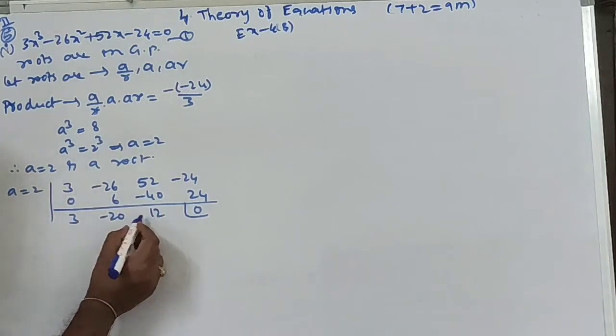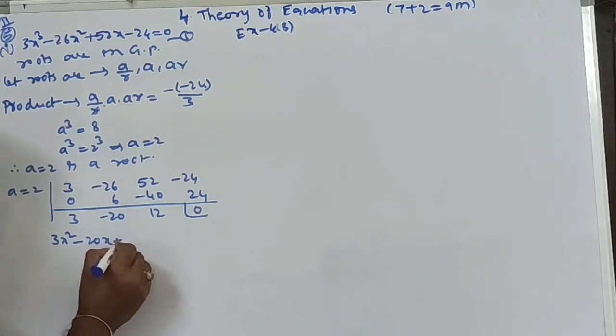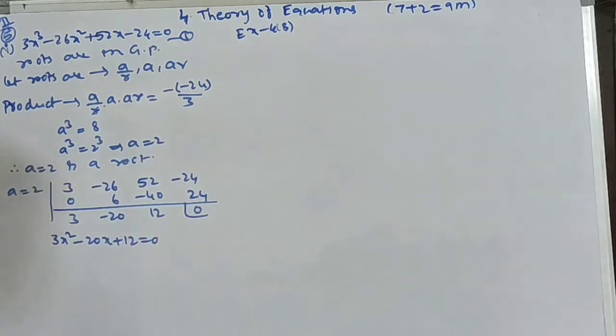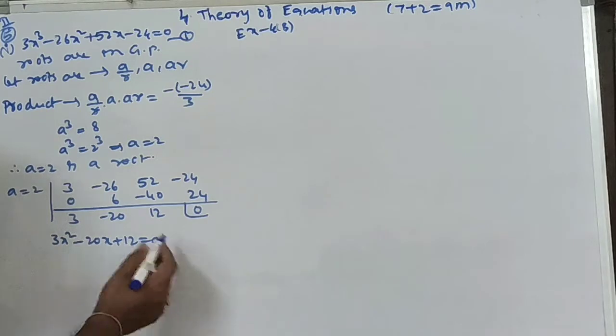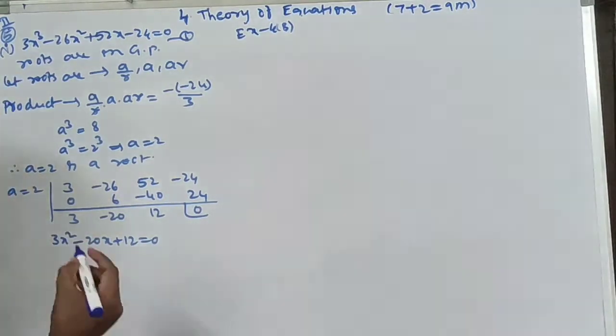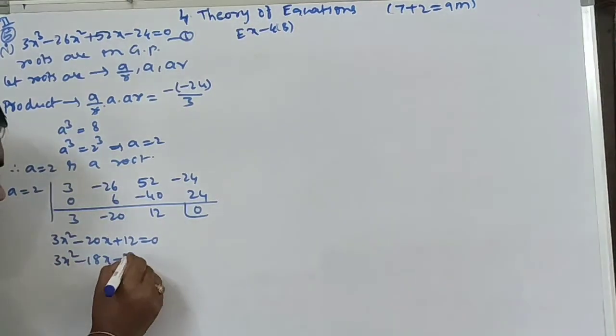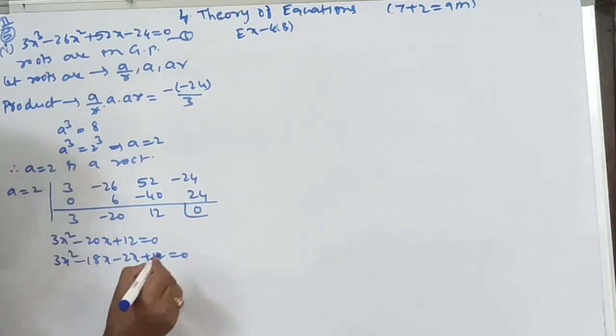So now the quadratic is 3x² − 20x + 12 = 0. I want to find the roots of this equation. 12 into 3 is 36, 18 into 2 is 36, so 3x² − 18x − 2x + 12 = 0.